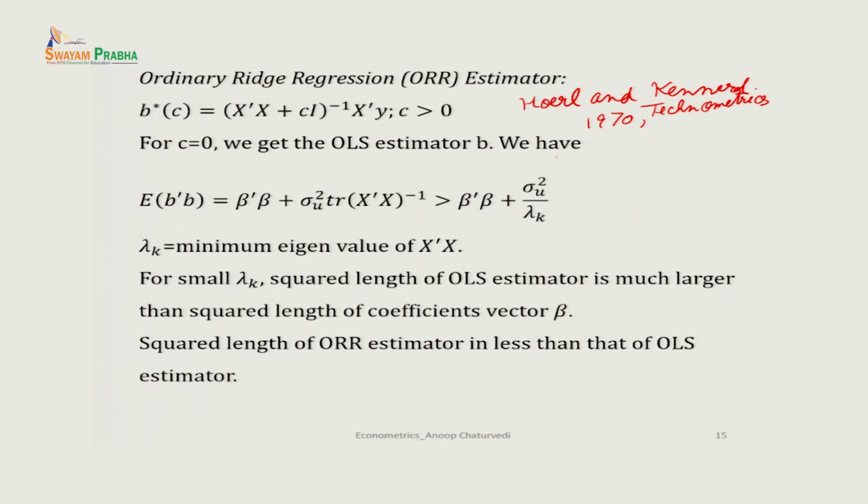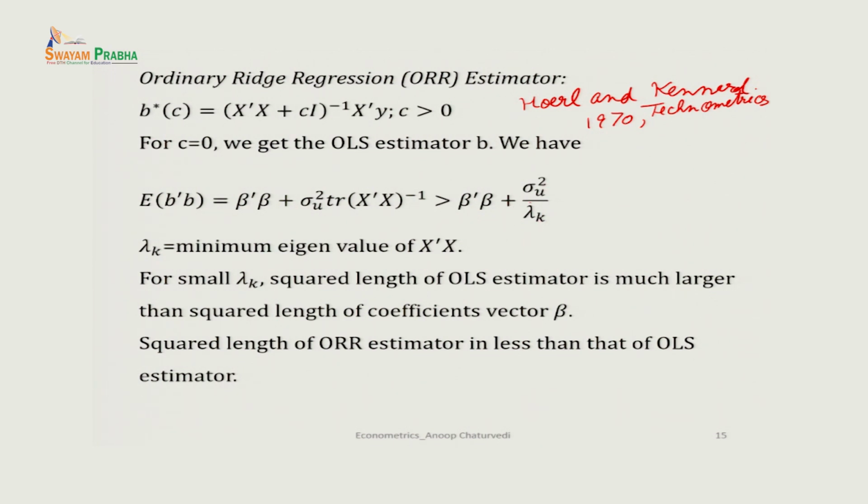Again, if you take expectation of b transpose b, then b transpose b has expectation beta transpose beta plus the trace of the variance covariance matrix of b, that is sigma square u trace of x transpose x inverse. Now, this is greater than beta transpose beta plus sigma square u upon lambda k.